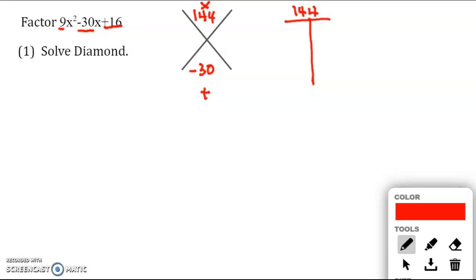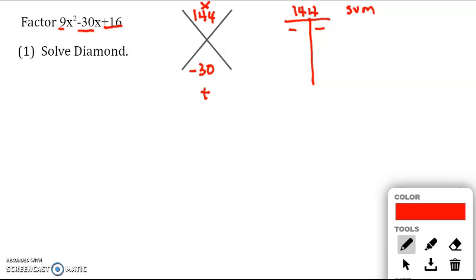Since we are looking for numbers that add to negative 30, it has to be negative, negative. So we're looking for the sum to be negative 30, or 30 if you're just dealing with the positive version of it. Okay, so this is a big number.